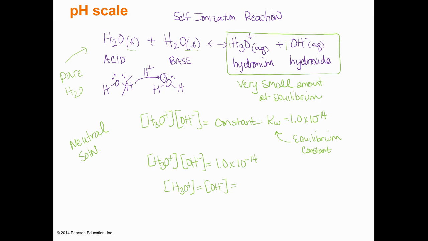And if you think about what number multiplied by itself would give us 1.0 times 10 to the negative 14, that number is 1.0 times 10 to the minus 7 molar. So this is the definition of neutral. That hydronium and hydroxide equal 1.0 times 10 to the negative 7 molar, and that they are equal to each other.